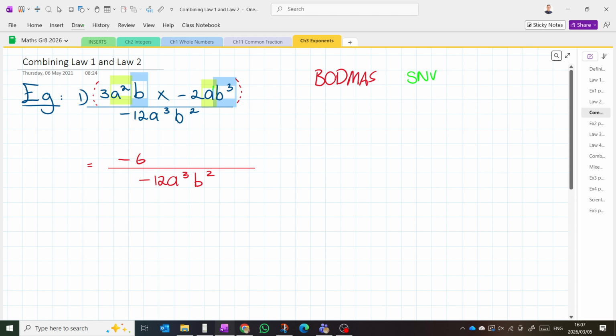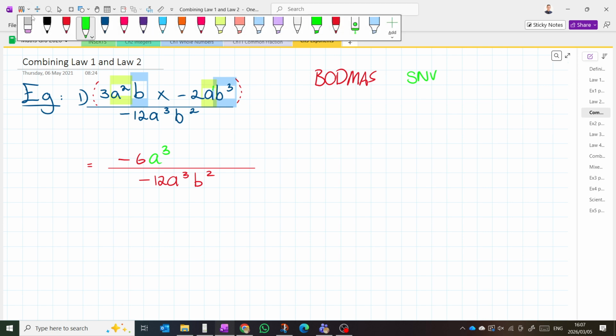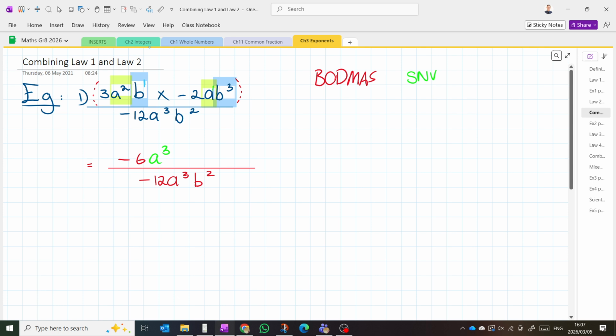Multiplying the same bases, we are going to add the exponents. So 2 plus 1 is going to give me 3. And then when we move on to b, b to the power 1 times b to the power 3. Again, same bases. Add the exponents. 1 plus 3 is 4, so b to the power 4.